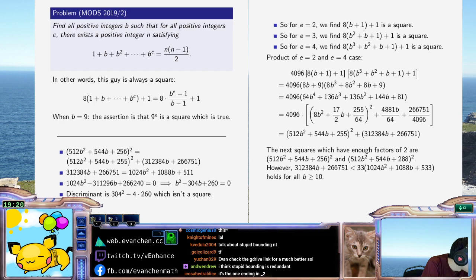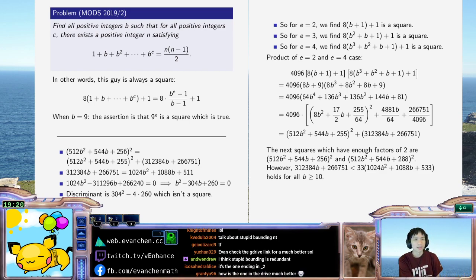So I look at the squares. Fine. Yeah, I think the reason this solution is nice is it shows you that you only need e equals 2 and e equals 4. You should only need 2 well chosen.